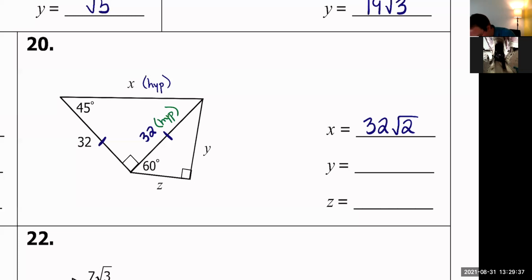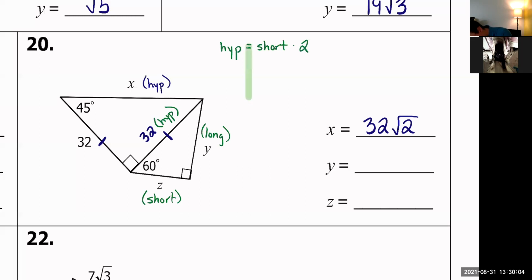That makes Y the long leg, and Z must be the short. Of those 2 legs, which one do we usually want to find first? The short leg. So if we need that reminder, hypotenuse equals the short leg times 2.